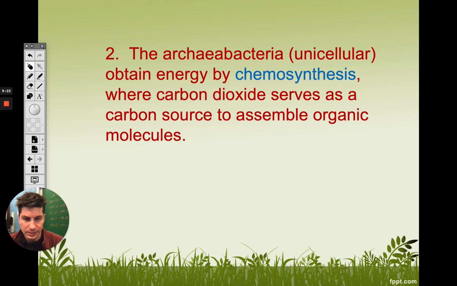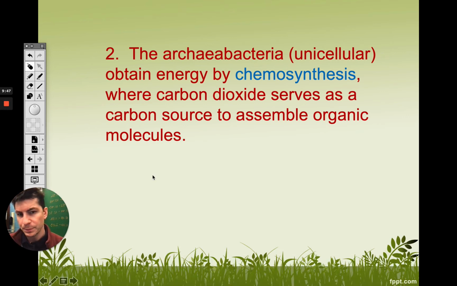So photosynthesis, if you guys remember, is going to be an organism that is going to take in carbon dioxide. It's going to be able to make its own sugar. All right. Chemosynthesis is a little bit different. Still, carbon dioxide is serving as the carbon source, and it's going to assemble organic molecules.